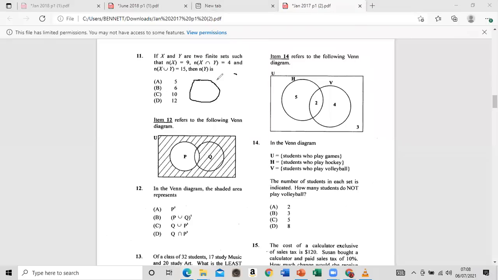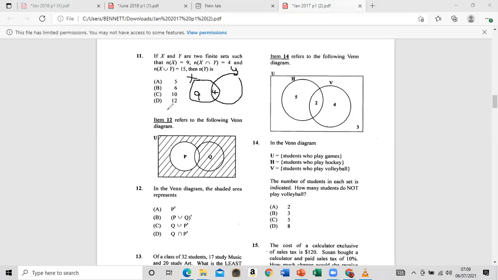Alright, so okay, let's draw the two circles. So the number, color one here, X, this one, Y. First, we put in the information that we're given. So intersection, that's 4. Number in X is 9. We're asked to find the total, right?